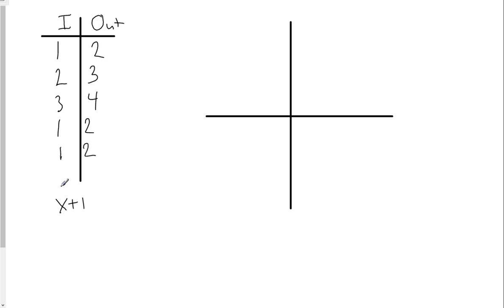If for some chance I put a 1 in and now it gives me a 3 out, now it's not a function anymore, because before, when I put a 1 in, it gave me a 2 out. This machine is not functioning correctly. So let's try another one. I know that probably doesn't make too much sense yet, but it is a concept that takes a little bit of time to understand. So input, output.